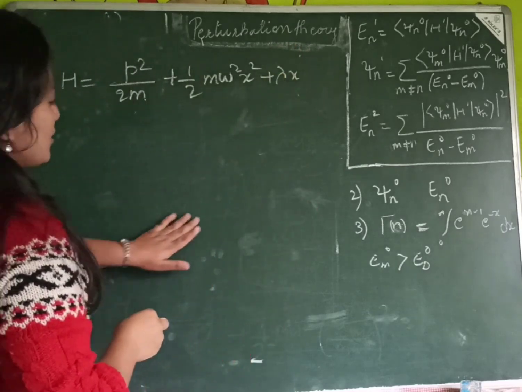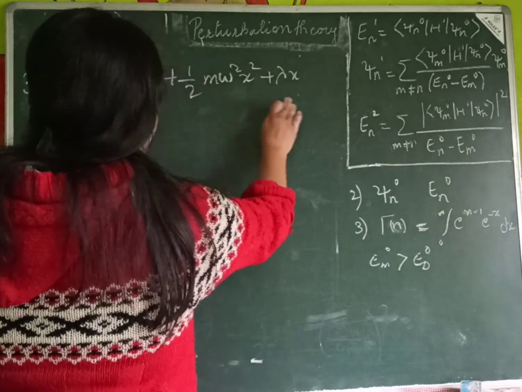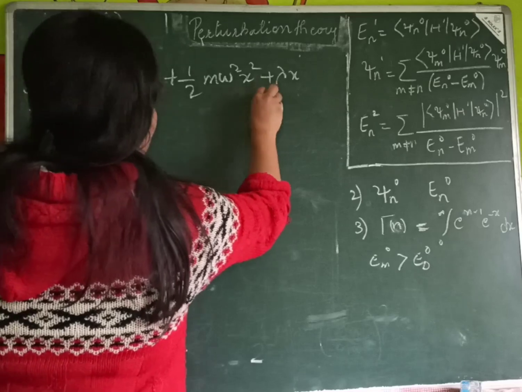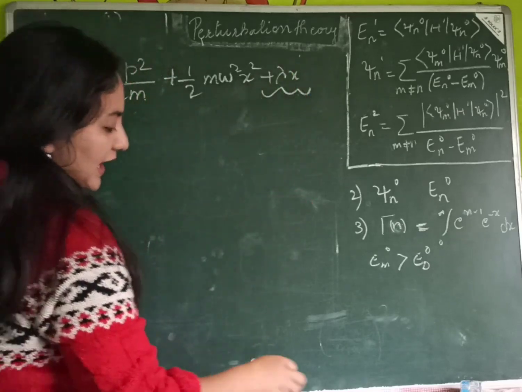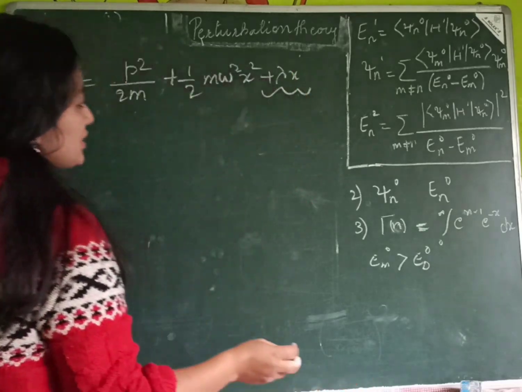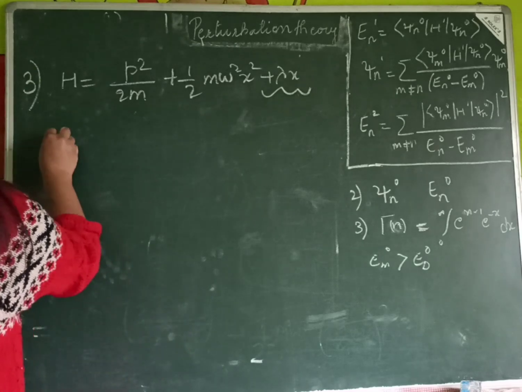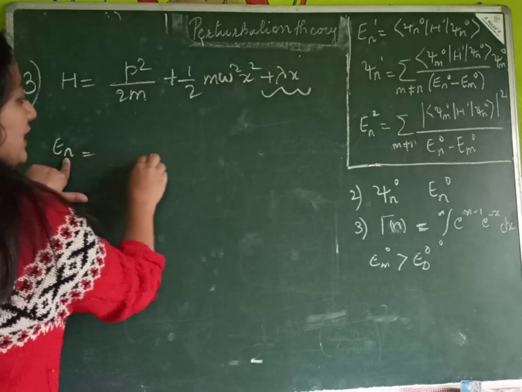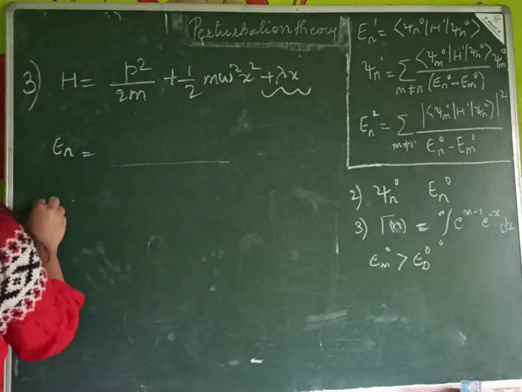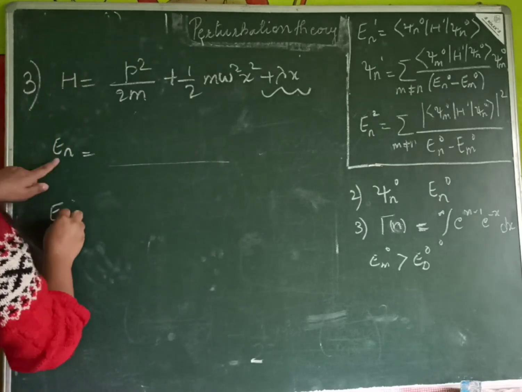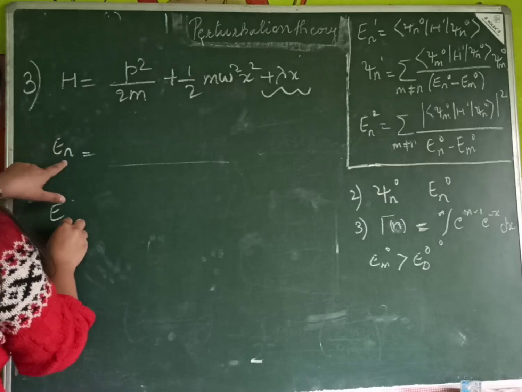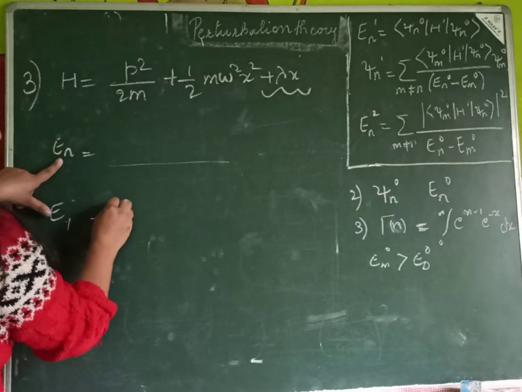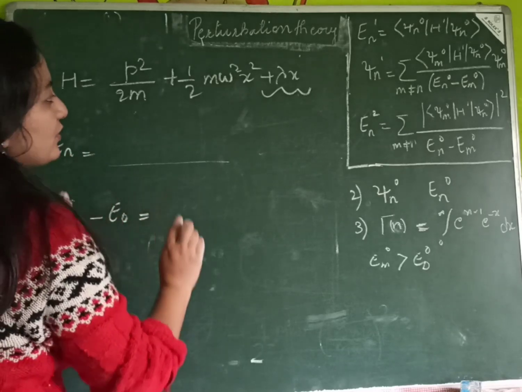What I have to find here, where lambda x is the perturbation, is the difference between the energies of the first two levels. So I have to find my new En, and then find the difference between E1, which I have calculated from here, and E0.